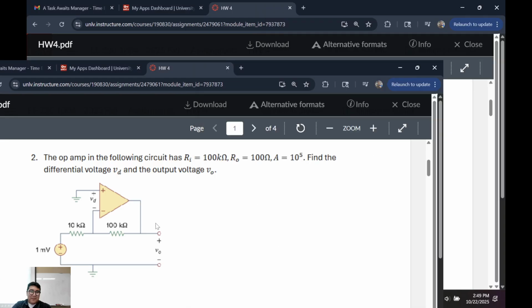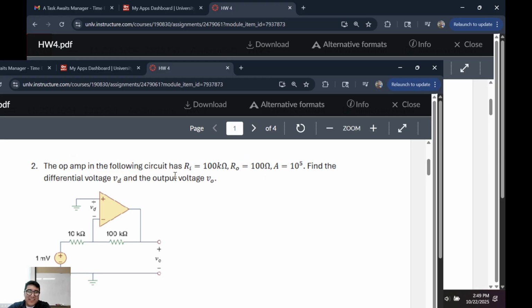The op amp in the following circuit has, wait, Ri is equal to 10K. Wait, what? Hold on, let me see what's going on. Ri, this is Ri. Ro, differential voltage, Vd at the output. What? Am I reading this right, y'all?